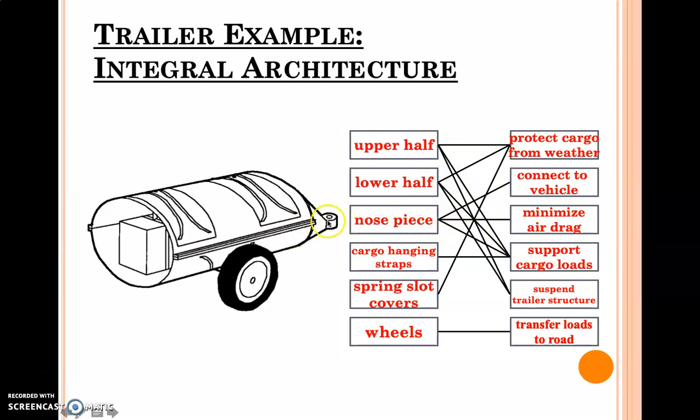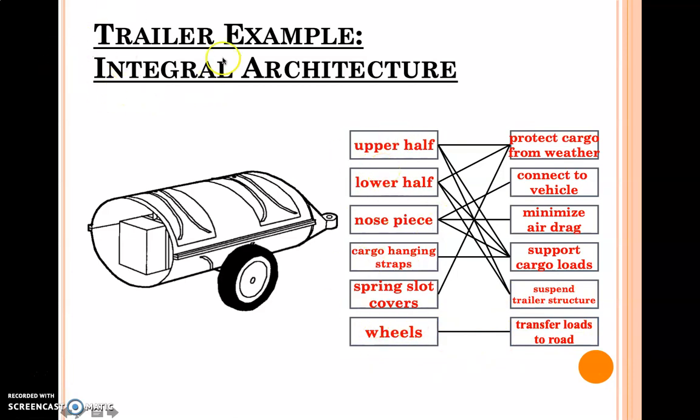A nose piece will be there. This whole nose piece is also used to connect the vehicle. A spring slot is there, which is used to protect the cargo from weather as well as to suspend your trailer structure. Then wheels are used to transfer the loads. This is the only one-function item, and the remaining ones support many functions.